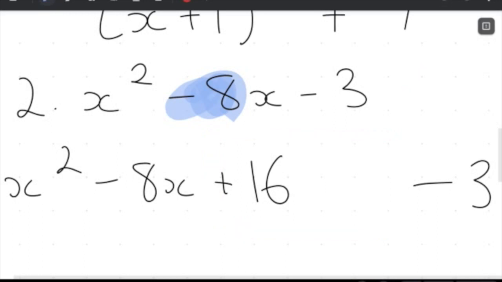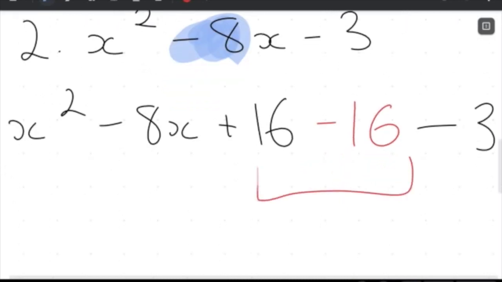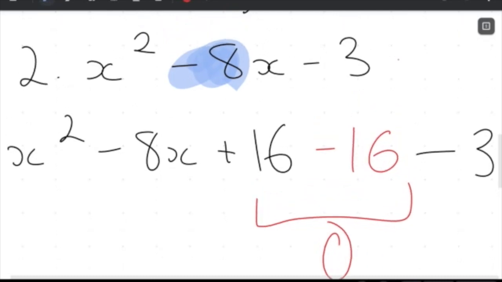Because I've added 16 here, I can subtract 16 in order to balance this out again. Because this thing here now, 16 minus 16, is the effect of doing 0. So I have x squared minus 8x plus 0 minus 3, which is the same as this guy up the top.